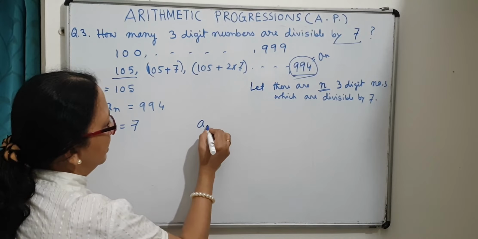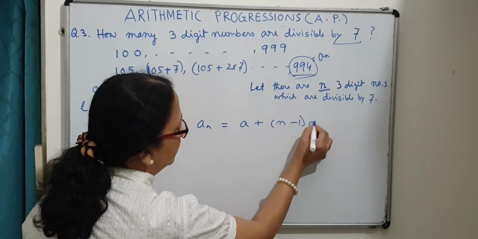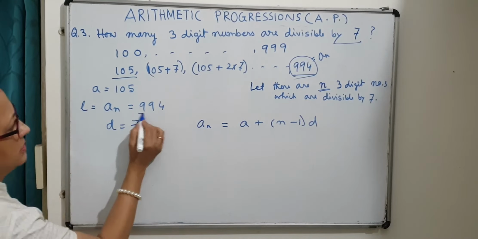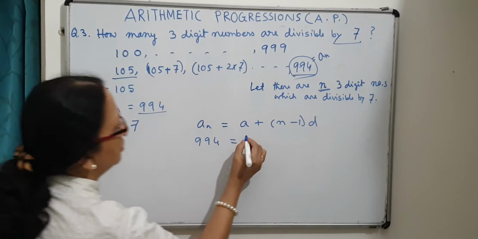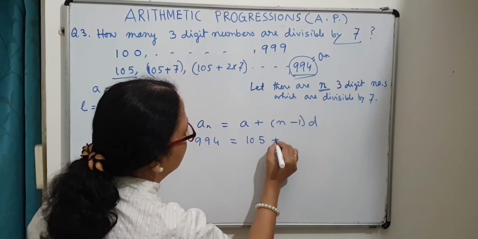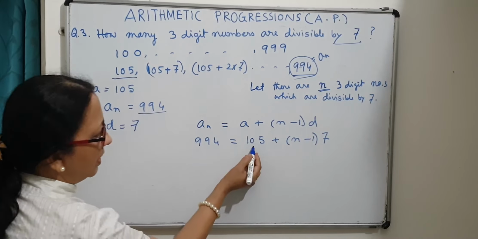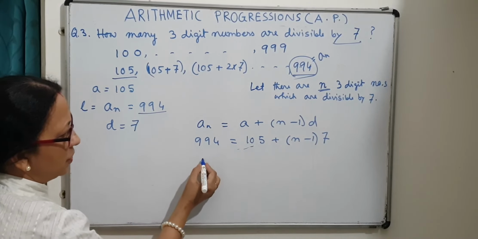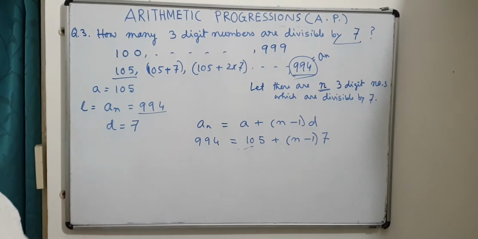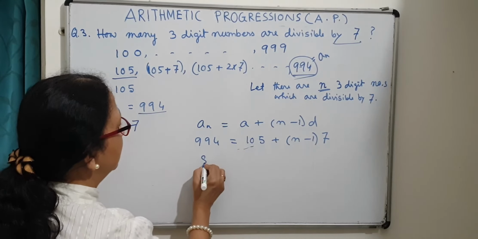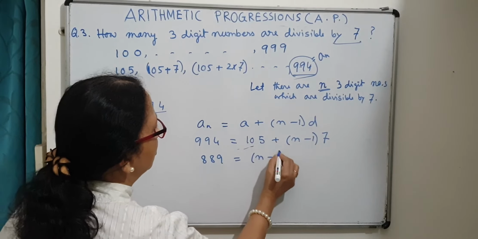So obviously we will be using the formula. We know an is equal to a plus n minus 1 into d. So an is 994, and a is 105, plus n minus 1 into 7. I'll transpose this to this side. In this way we will be doing the solutions. When you subtract, it will be 889, equal to n minus 1 into 7.